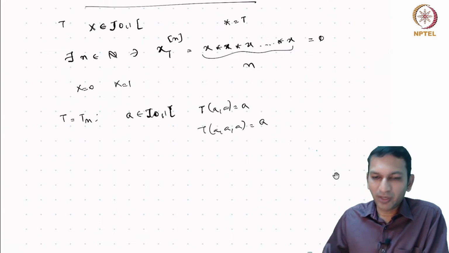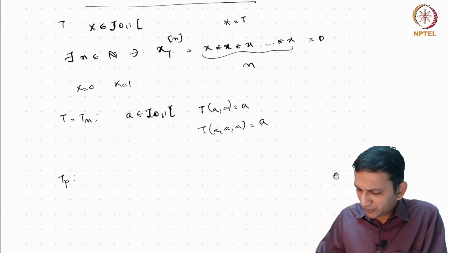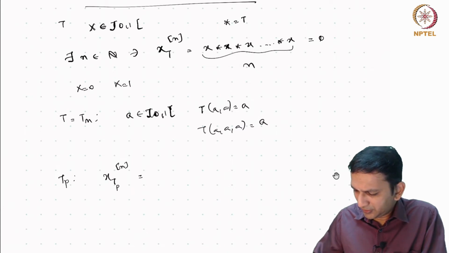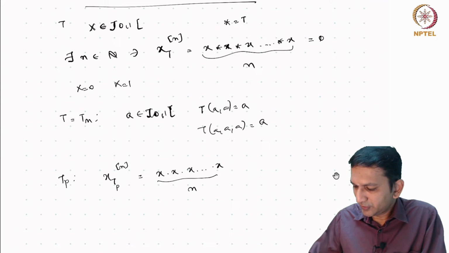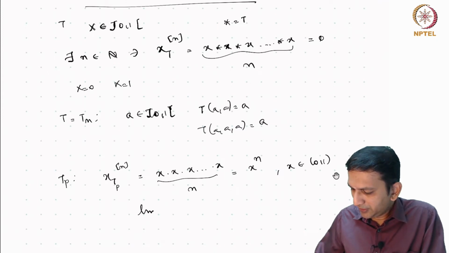What about the product? Well, if you take Tp, then x Tp of n means x dot x dot x n times, which is nothing but x power n. Now remember, x comes from the open interval 0, 1. Now we know that in the limiting case n tends to infinity, x power n is 0.